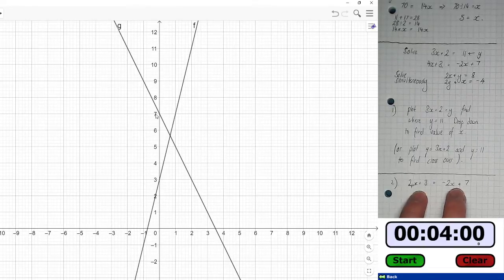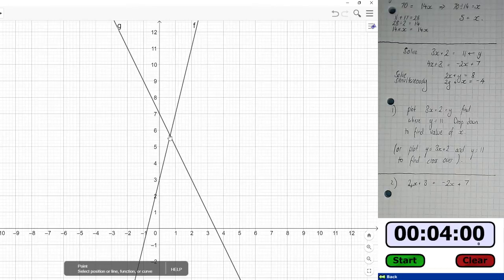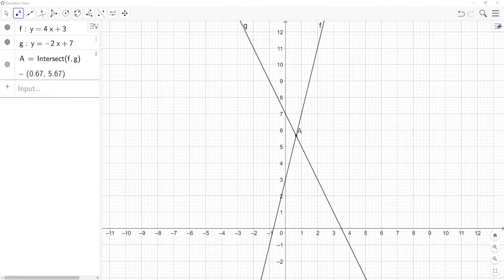Now, when these two things are equal is where they're going to cross over. Just there. And if I scoot my screen across a little bit, it's got the point A, which is the intersect of these two lines. And we get our values of 0.67 and 5.67.